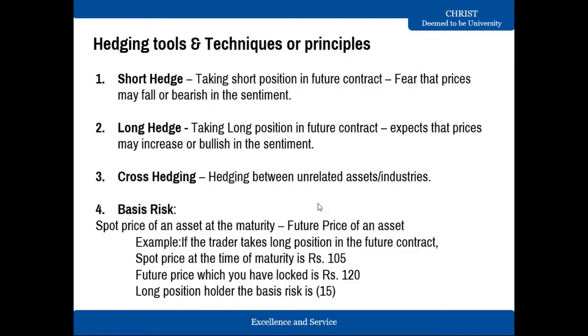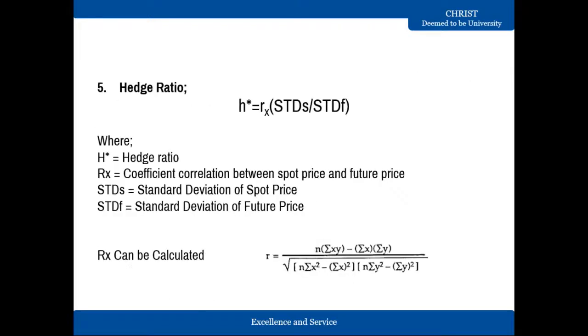Okay, so I will move on. I have one more thing, which is the hedge ratio. We have seen that I should go for a short hedge, a long hedge, or a cross hedge. But how much should I hedge in my portfolio? That is a big question.